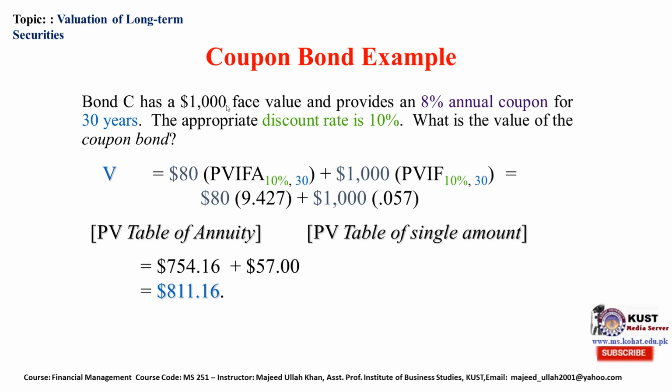So first of all, we will calculate our interest. How will we calculate our interest? We will calculate it by multiplying 8% with this 1000. We will get $80, calculated as 1000 multiplied by 8%.